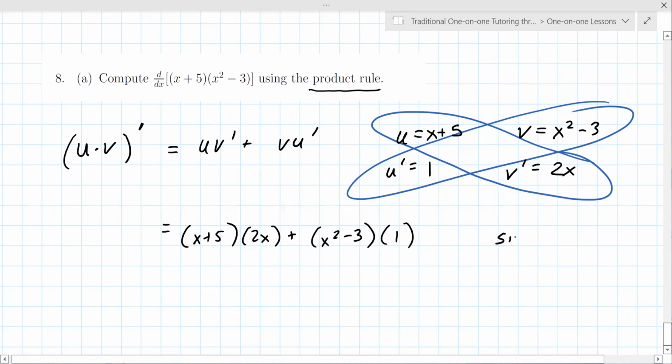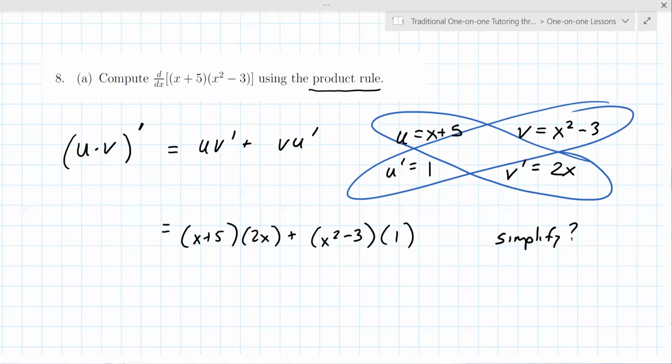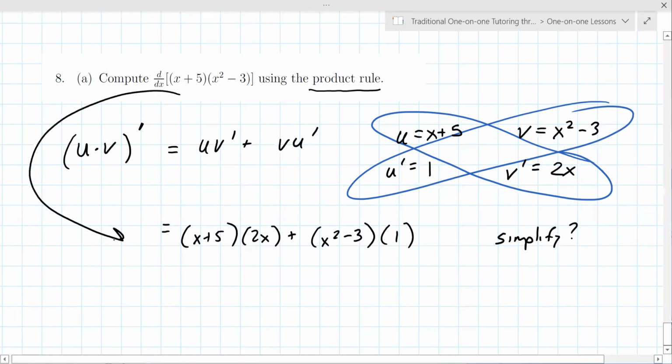And then the question for you, because I don't know, is did your instructor want you to simplify this? Let's keep this on the notes really quick. First topic 2.6.